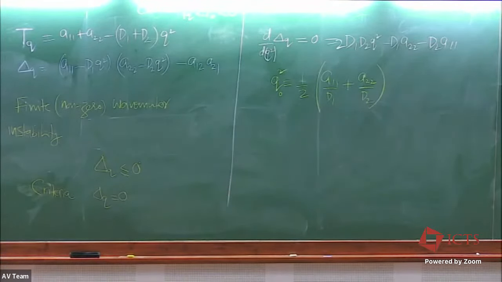Now, that's all I can do in general. But you see that I can't satisfy this unless I have some statement about A11, A22, and so on. Remember, D1, D2 are positive.